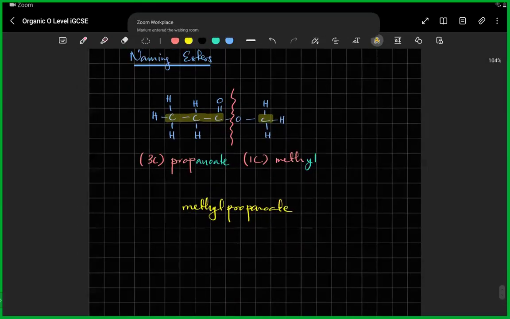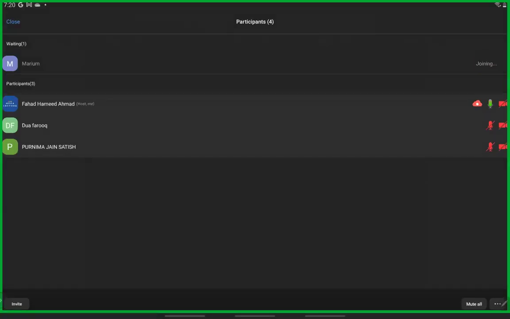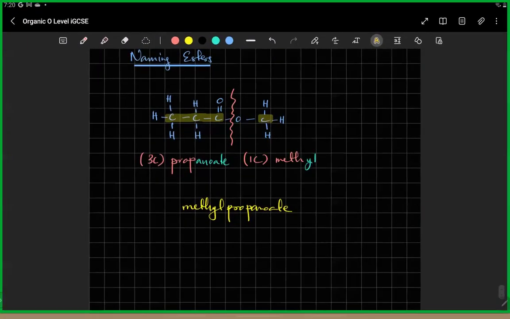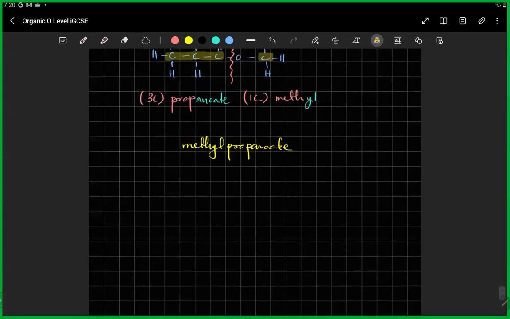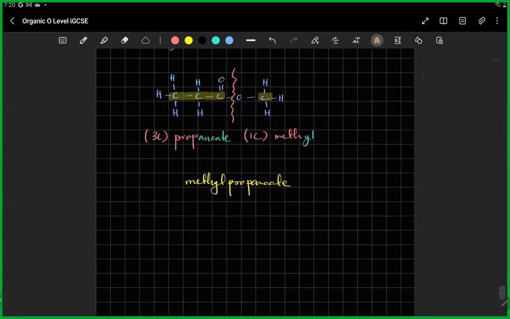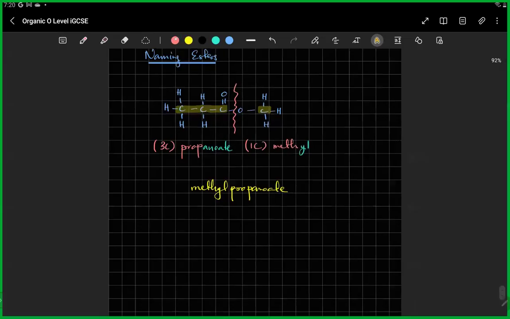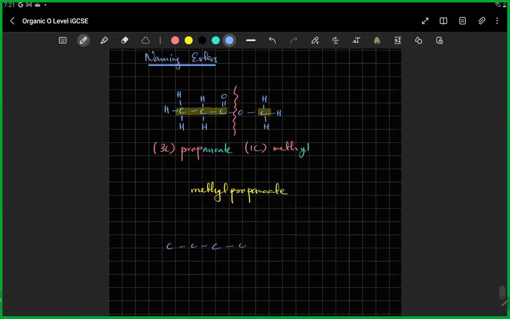So how were esters named? If I draw any other ester, for example, the ester has a double bond O and an O in the middle.